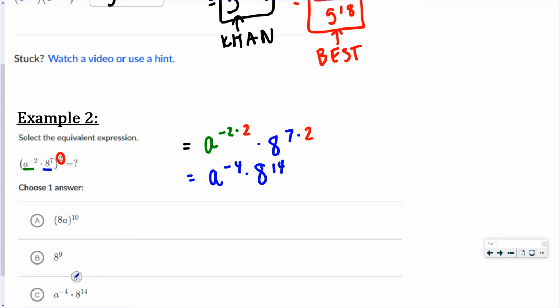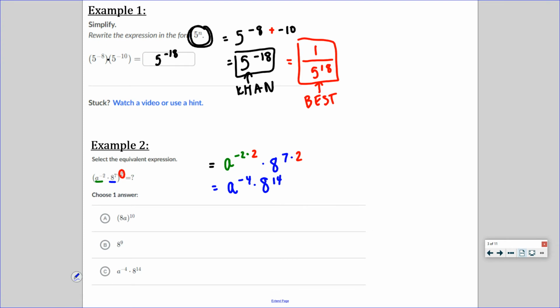Now, looking at my options here, I see C, hey, is the exact same thing I have. So again, that's how Khan's going to have you leave this. The better way to simplify this is to move that negative exponent downstairs.